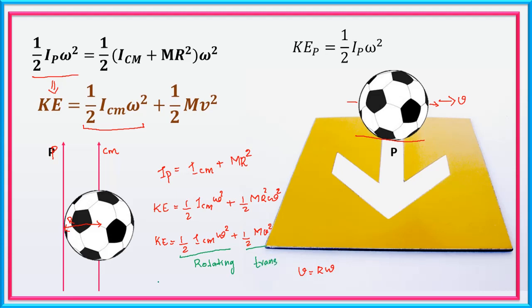Since rolling is a combination of rotation and translation, the kinetic energy of a rolling body is also equal to the rotational kinetic energy plus the translational kinetic energy.